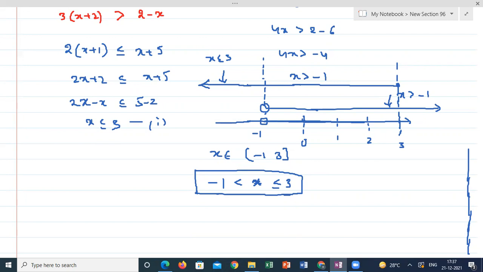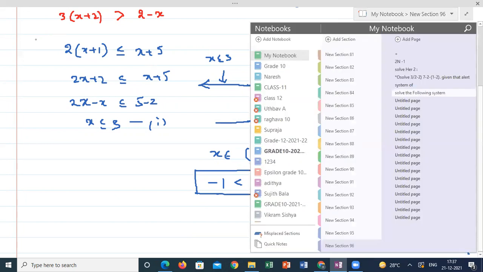Yes. Now we are going to solve an expression with two linear inequalities. This is a single variable expression with two linear inequalities. Solving expressions with two linear inequalities.